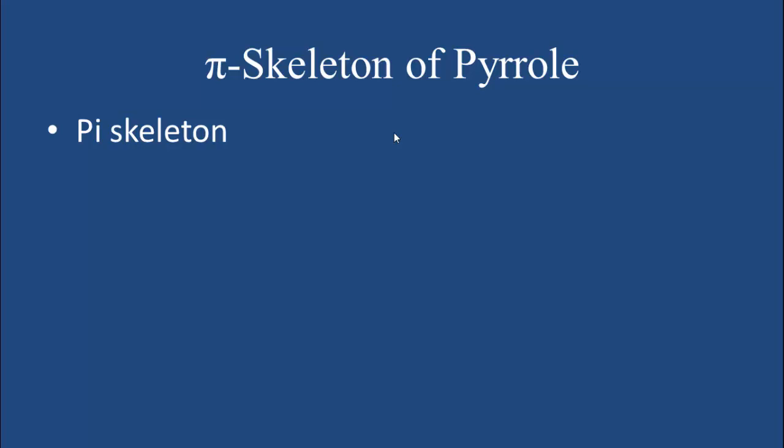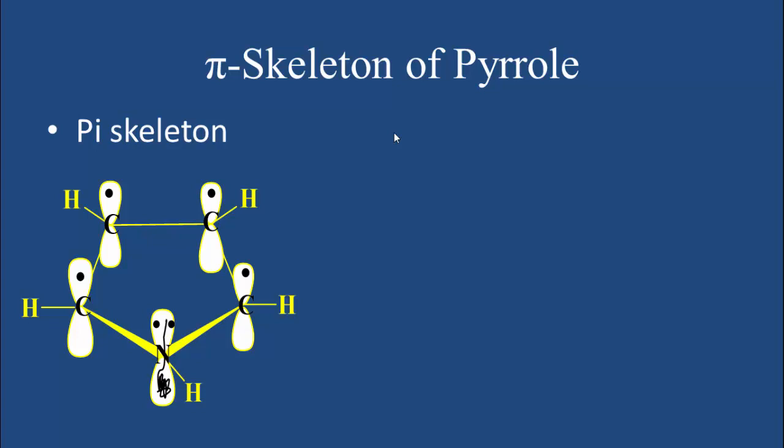Now to discuss the pi skeleton of pyrrole. We know that the carbon atoms and nitrogen atom are present in the sp2 state of hybridization. After overlapping of the sp2 hybrid orbitals with the adjacent carbon and with the hydrogen, the one unhybridized p orbital on each carbon has one unpaired electron. They are present parallel to each other, and they overlap laterally, and there is the formation of the pi skeleton of the pyrrole.